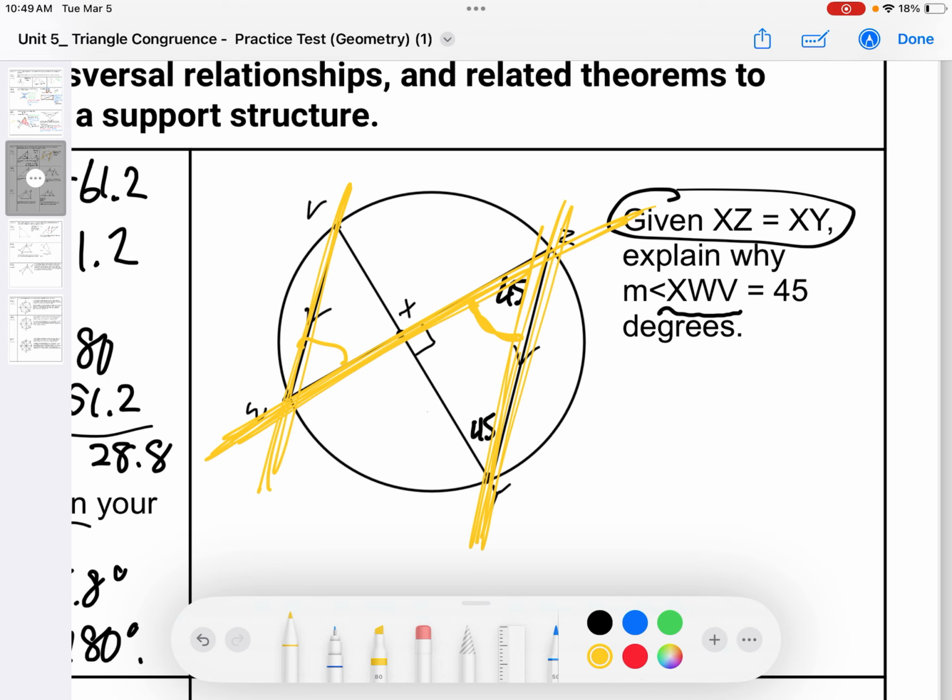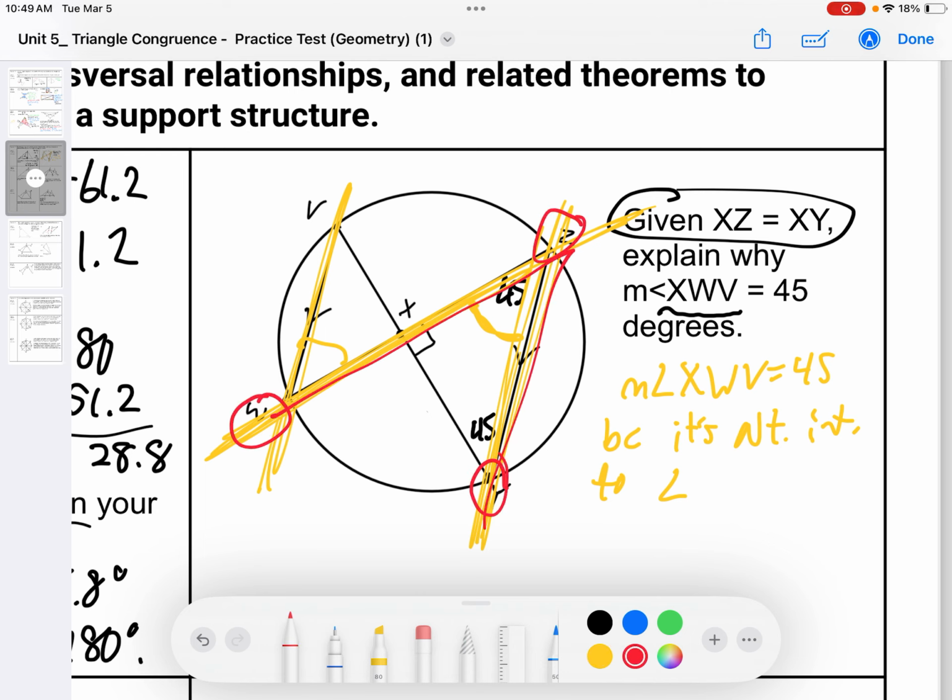So you can say measure of angle XWV is 45 because it's alternate interior to angle WZY. This is WZY, angle WZY.